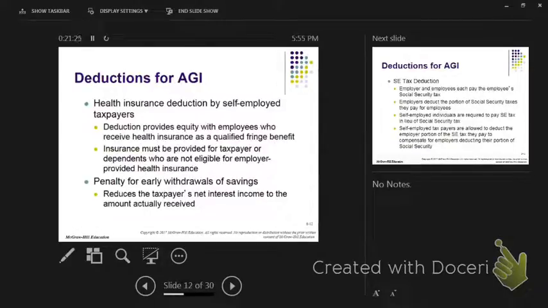Okay, the next thing, as we're still on the front page here, we're still on AGI. The next thing goes along with self-employment. We've got our wonderful self-employment tax, which has its own form.